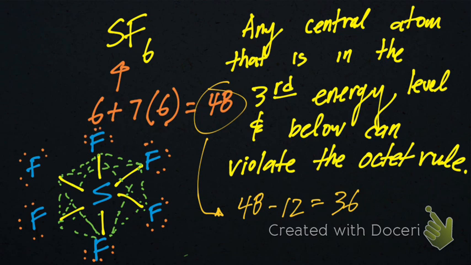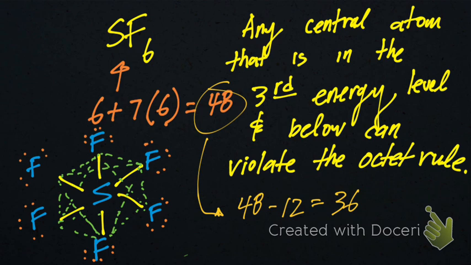So now all 6 fluorines are happy. The sulfur is happy. I know it has more than 8, but that's okay because sulfur is allowed more than 8 since it's in the 3rd energy level. Not only the 3rd energy level works, the 4th, 5th, 6th energy levels work too, the 3rd energy level and below, right?